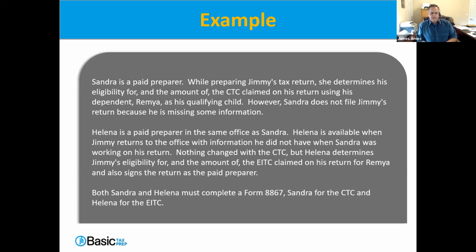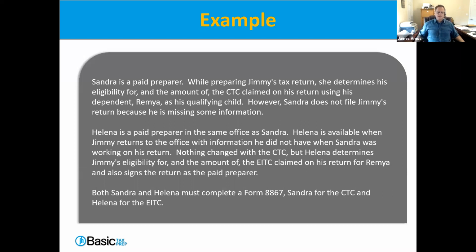Helena is a paid tax preparer in the same office as Sandra. Helena is available when Jimmy returns with the information he did not have when Sandra was working on his return. Nothing changed in the child tax credit, but Helena determines Jimmy's eligibility for an amount of EIC when claiming on his return for Remia.